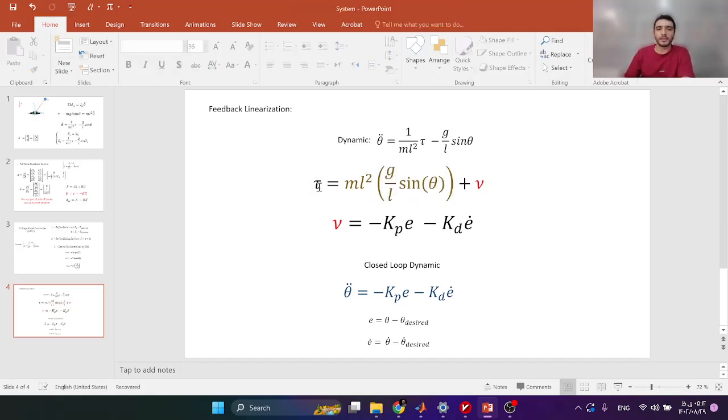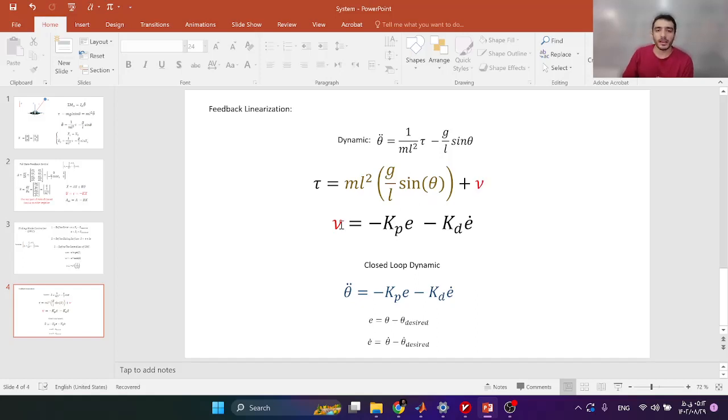And if we implement this tau in the dynamic, we can arrive to an equation that is theta double dot equals to nu. And in this situation, the system becomes a linear system.